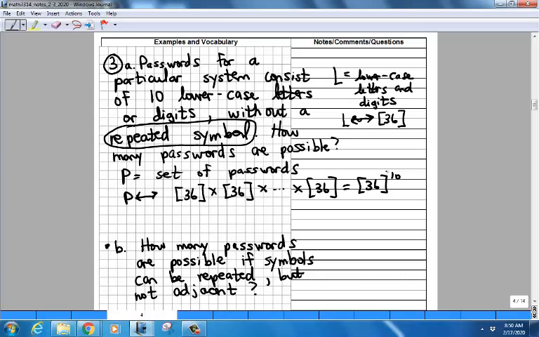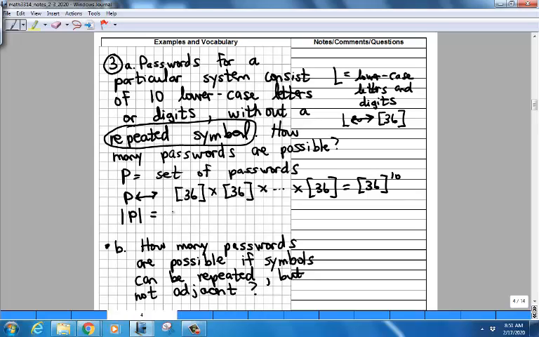But we know the size of this set, Taylor, because that's one of our basic theorems. The size of this set is what? If you have a cross product of a set of size 36, where you're crossing this with itself 10 times, then what's the cardinality of that?